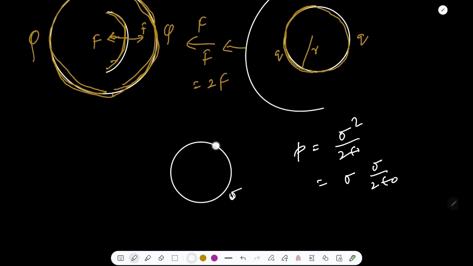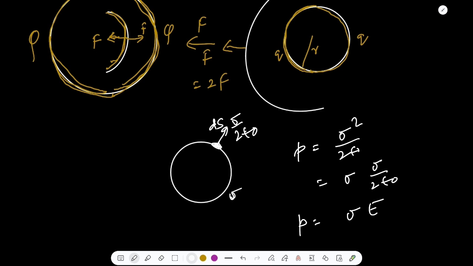And if at this point I consider a small patch of surface area dS, the rest of the sphere is going to exert a force on it, and the rest of the sphere produces an electric field at this place as sigma by 2 epsilon naught. I have discussed all these things in an earlier problem. So this pressure is sigma multiplied by the external electric field produced at a point.